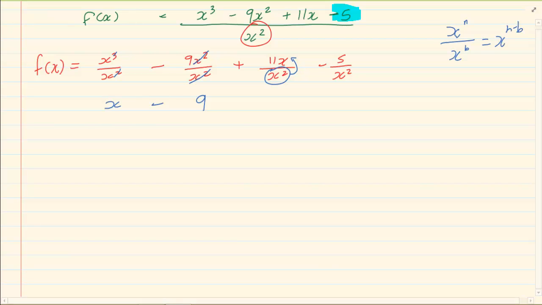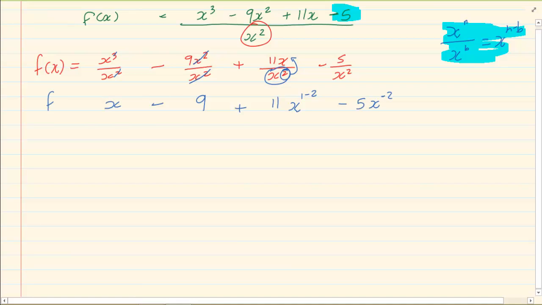If you are not familiar with your exponent laws, you need to go to your grade 10 and grade 11 work. So what do we have now? We have plus 11 x to the power of 1 minus 2. Now why are we minusing 2? Because I'm taking this on top. Then we have minus 5 x to the power minus 2.